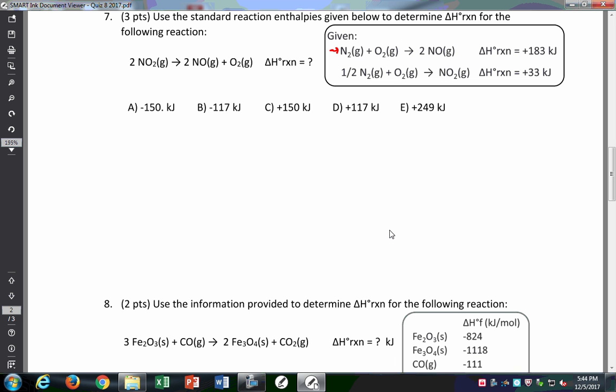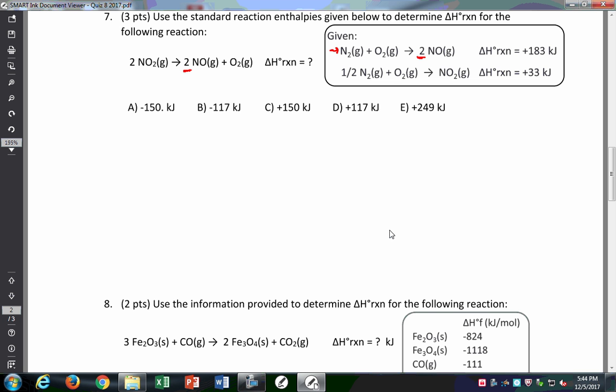So that's true of this reaction. We have NO. NO is only in the product side, so we can just rewrite this reaction exactly as it's written. We don't have to multiply by anything because we have 2 moles of NO in this reaction and we have 2 moles here.